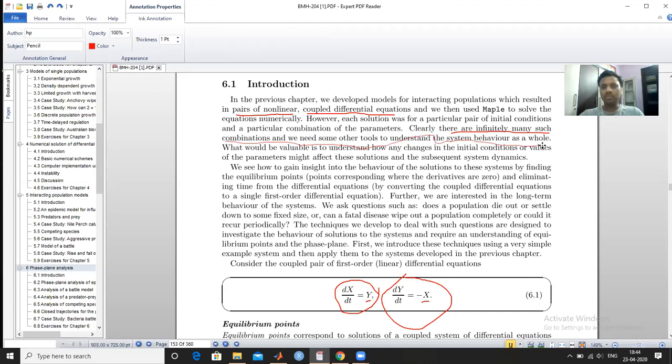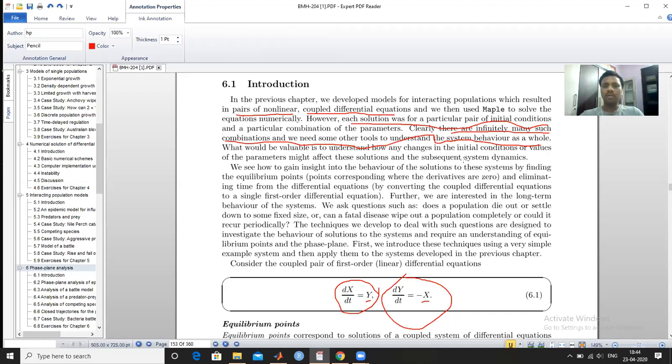Why? Because each solution is for a particular pair of initial conditions, right? We get a different solution for each different initial condition. The system is the same, but if you change the initial values, then you will get a different solution. So there will be an infinite number of solutions because the number of initial conditions may be infinite.